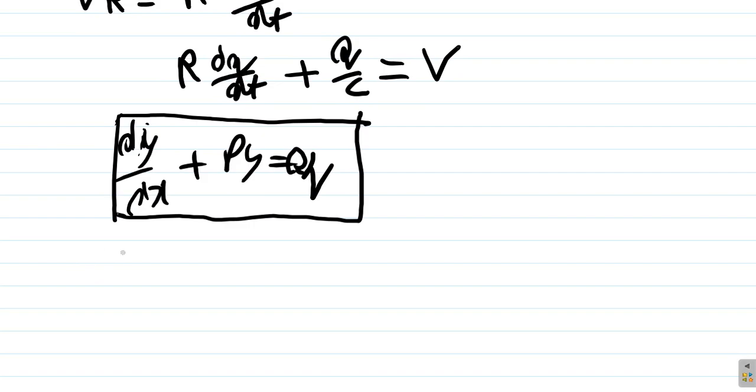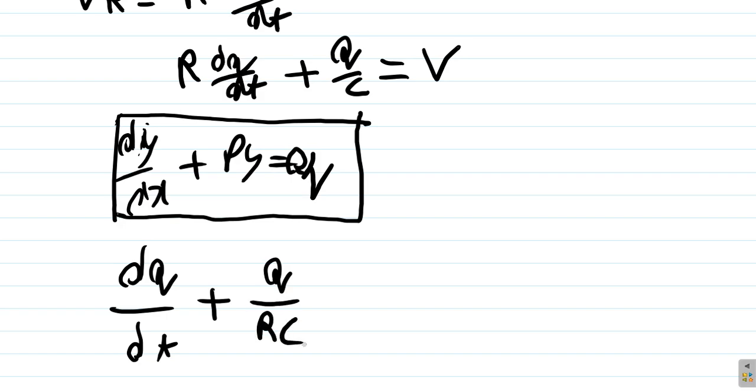Now, here, we're going to have to divide both sides by R. So we have dq by dt plus q divided by RC, which you can write as 1 over RC times q equal V divided by R.